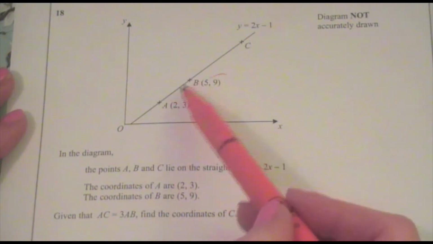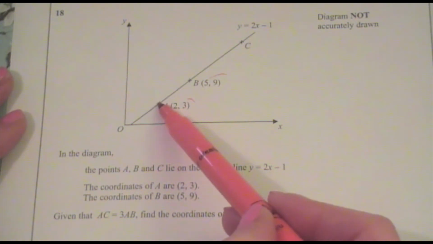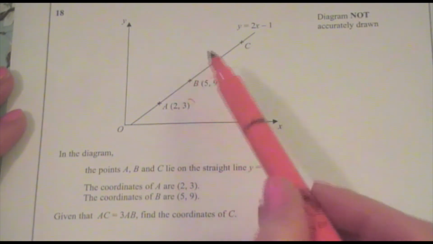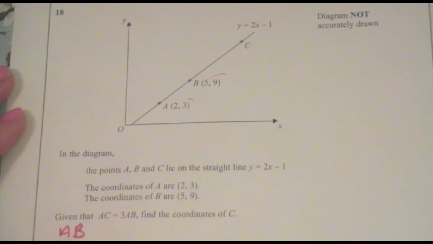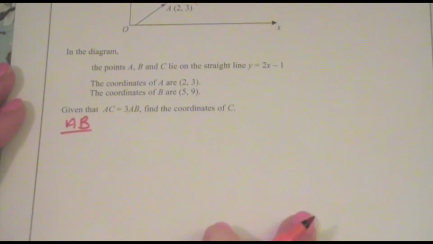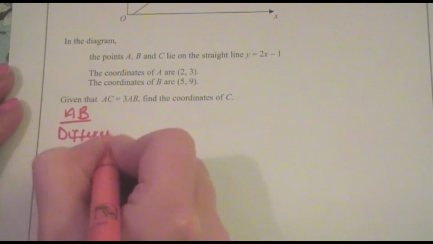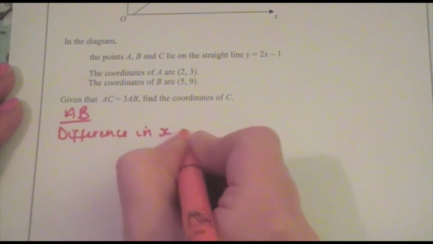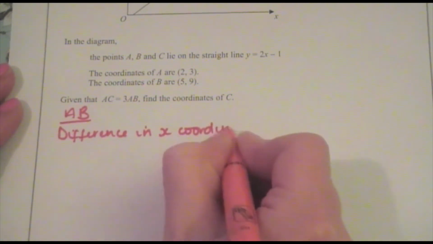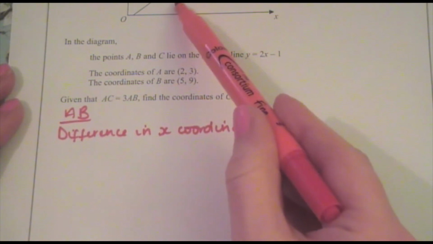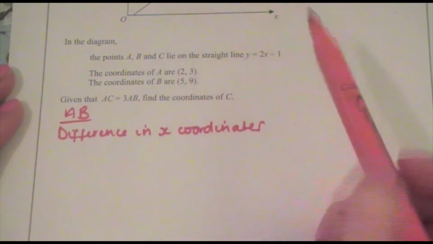Alright, so first I'm going to deal with the things that I know. So I know that this length from A to C is triple the distance between A and B. So I'm going to try and find the distance between A and B first. So I'm dealing with AB. The first thing I'm going to do is find the difference in the x coordinates. Okay, so at A my x coordinate is 2 and at B my x coordinate is 5.